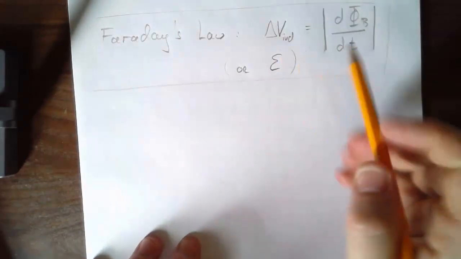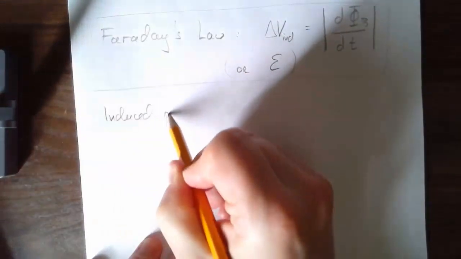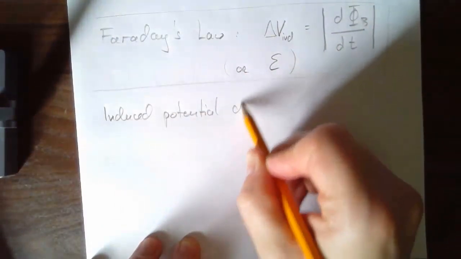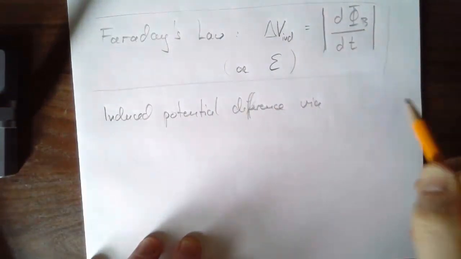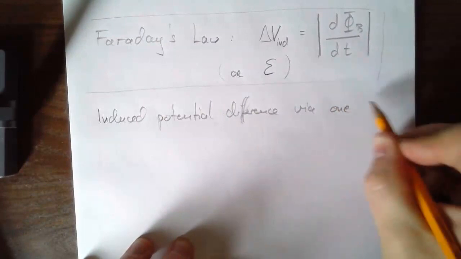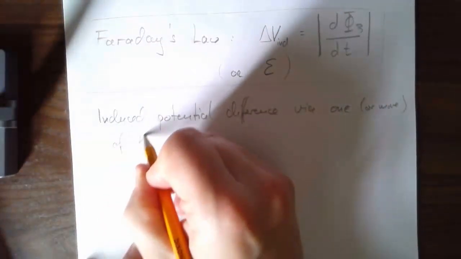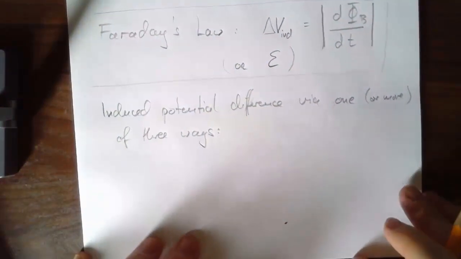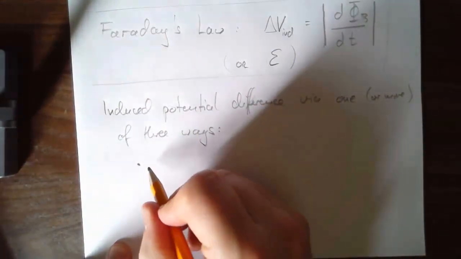So we can get an induced potential difference via essentially three ways. Via one or more of three ways. So we could have more than one change, right? So the area could change.